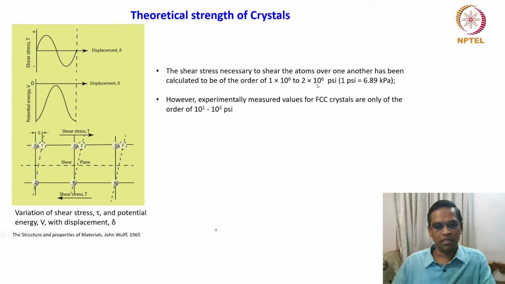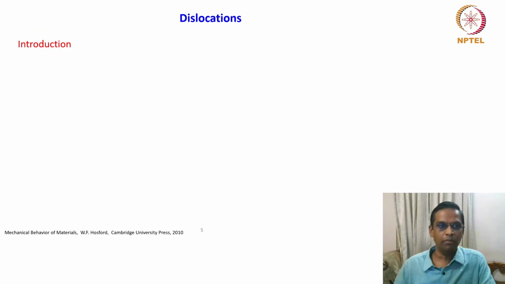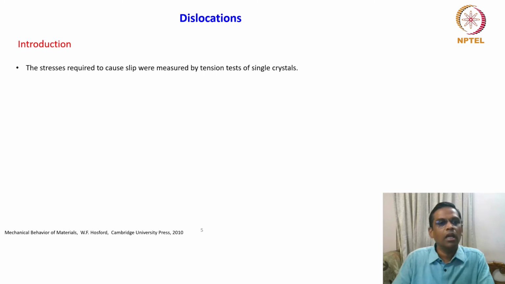So these are the discrepancies in terms of strength, between what we calculate from theory and what we observe in practice. In order to solve this discrepancy, people introduced the concept called dislocations. So what are dislocations? We will see now.